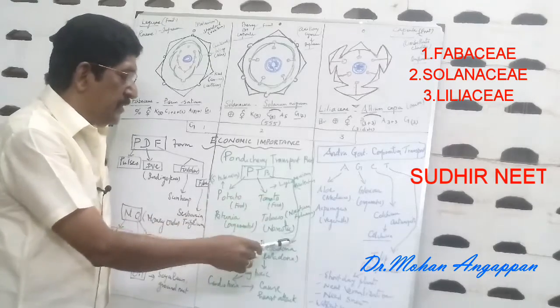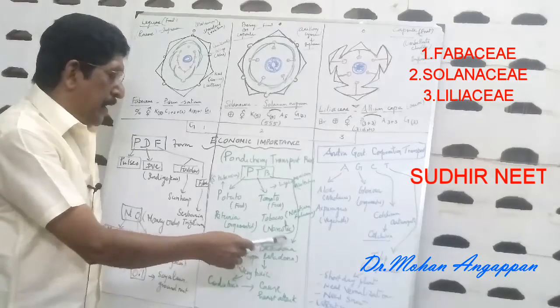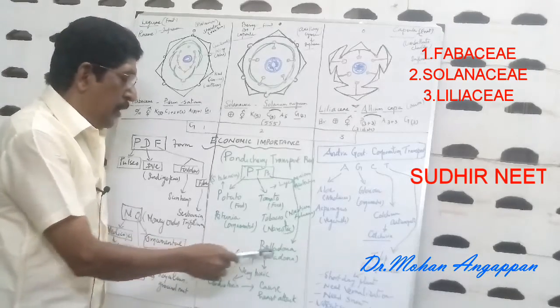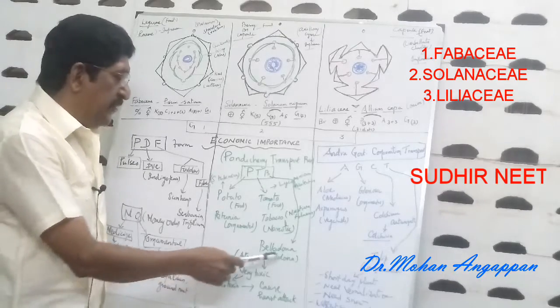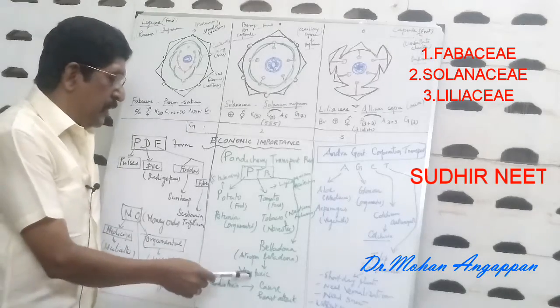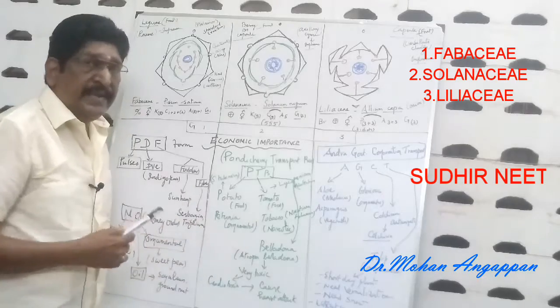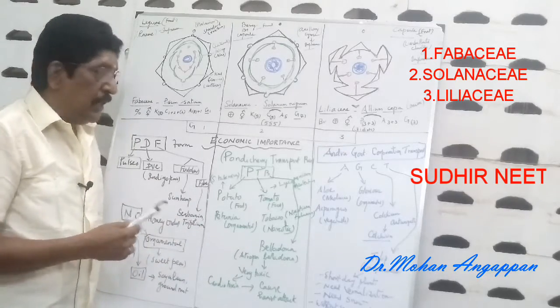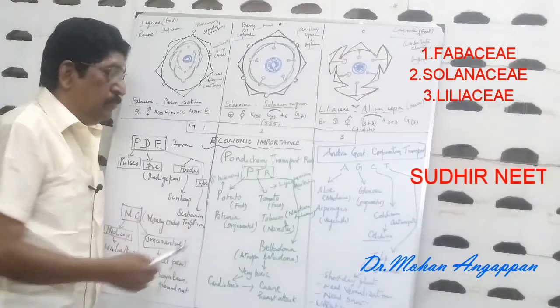And then B represents, very important, belladonna. This is very toxic. The belladonna contains a cardiotoxin that causes heart attack. And then T represents tomato and tobacco.